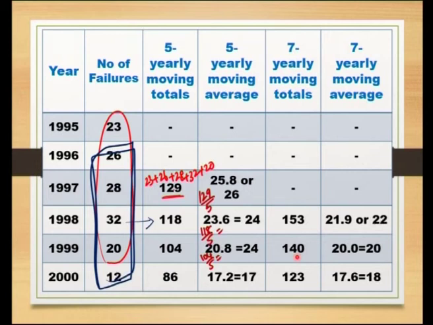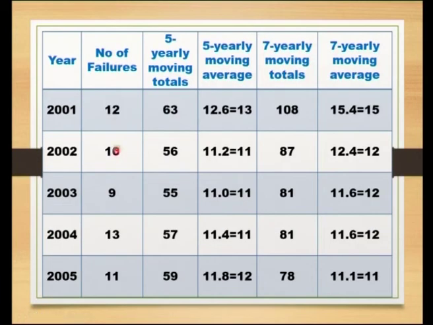Similarly, 140 is calculated as the 7-yearly moving total leaving the first value, because the first 7 values constituted 153. Leaving the first value, the next 7 values, from the second to the eighth, total 140.